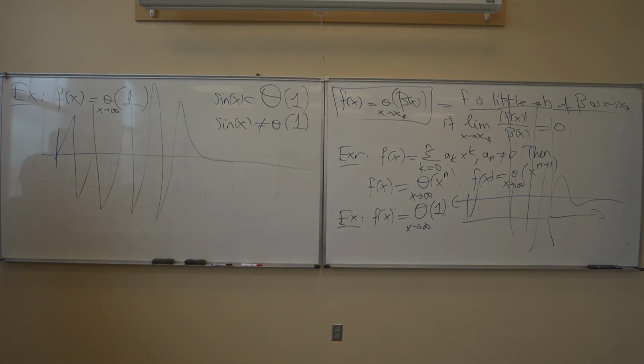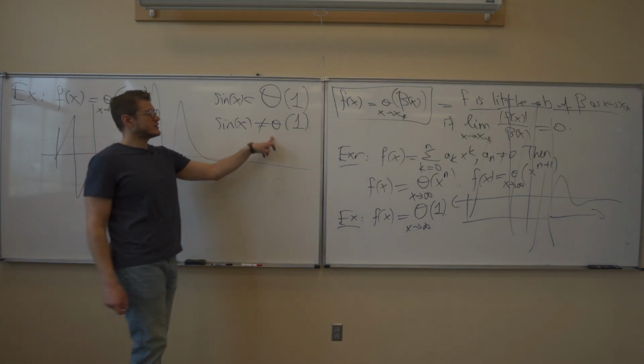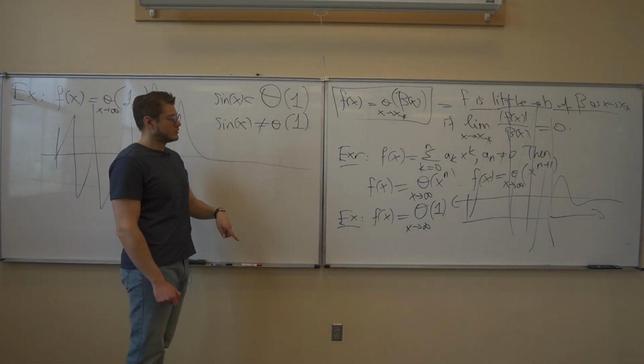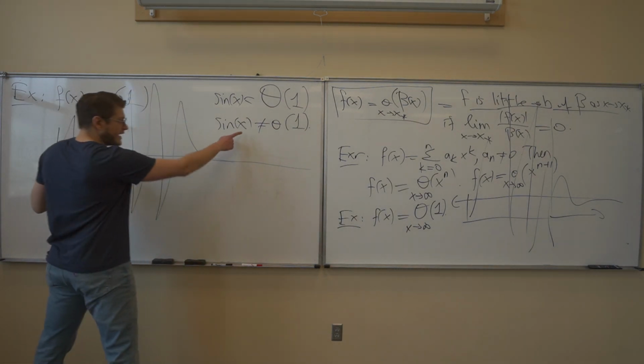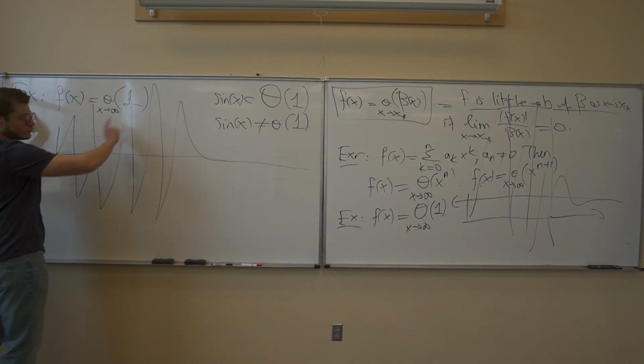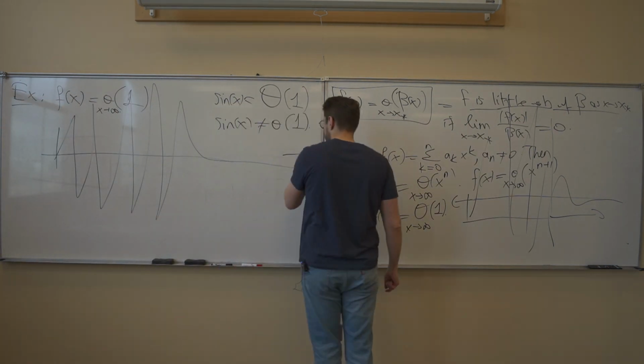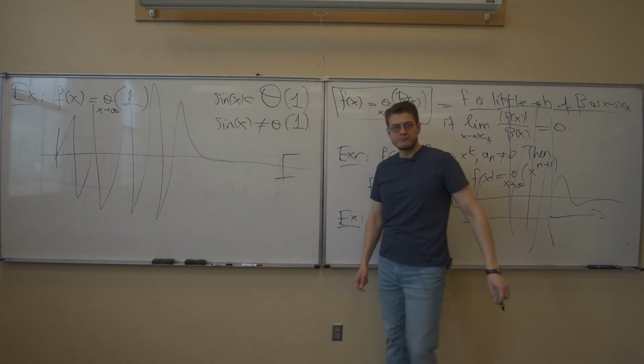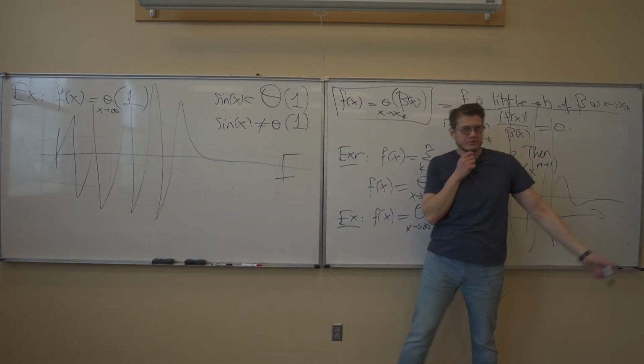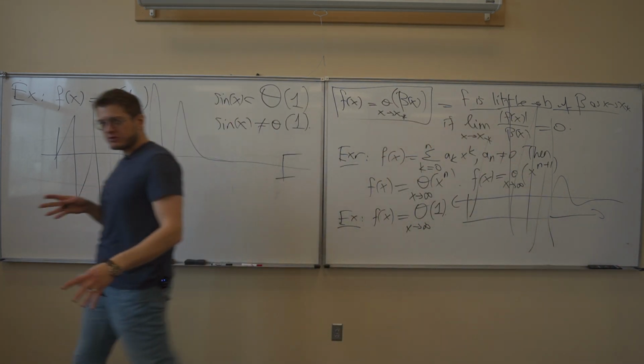And of course, if a function were little o, then it would be big O of 1. Why? Because if a function converges to 0 asymptotically, I can say it is bounded by 1, or some number, whatever number. Does this make sense?